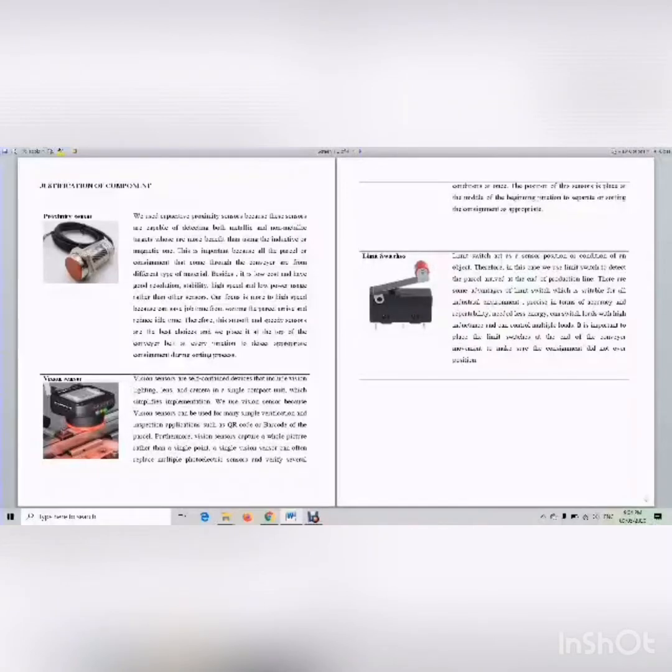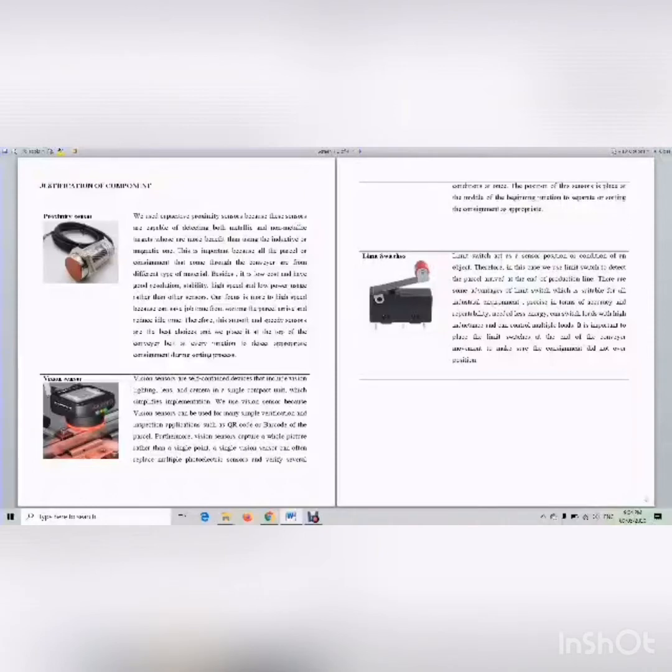Our conveyor passes through consignments, and the consignments come from different types of product, so the proximity sensor is the best to detect both materials.